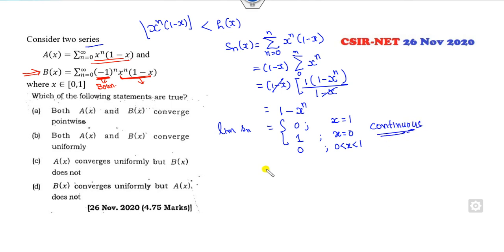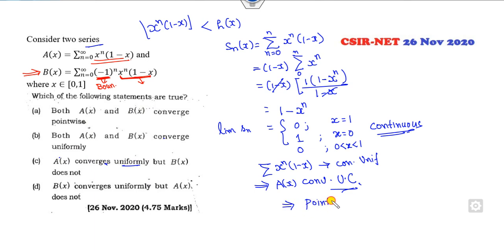If it is continuous, it means this series x raised to power n is uniformly convergent. So it means a of x is uniformly convergent. So a converges uniformly, and if it converges uniformly, it implies it is also pointwise convergent. Fine. The first point is clear.